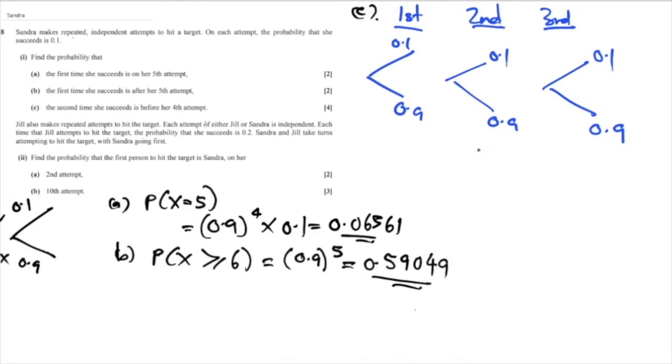The second time she succeeds definitely can't be the first one. So one possibility is hit, no hit, and hit.